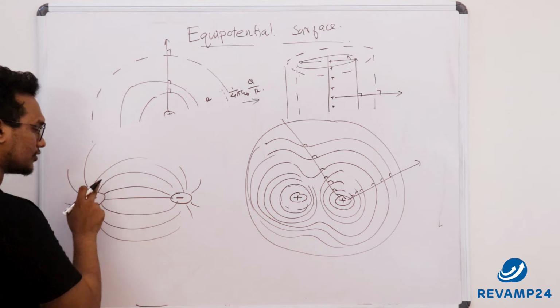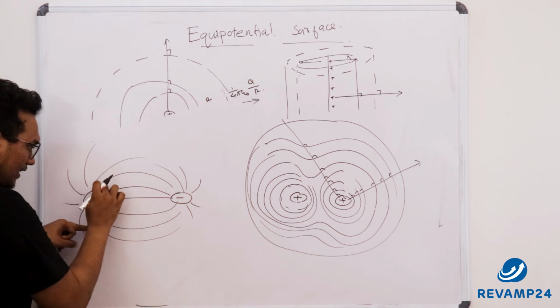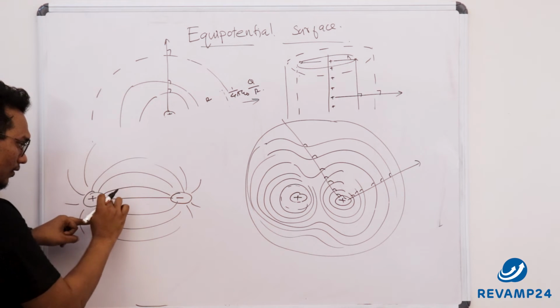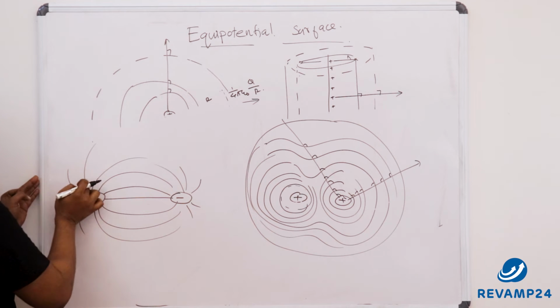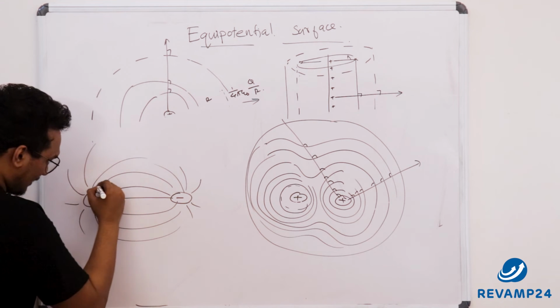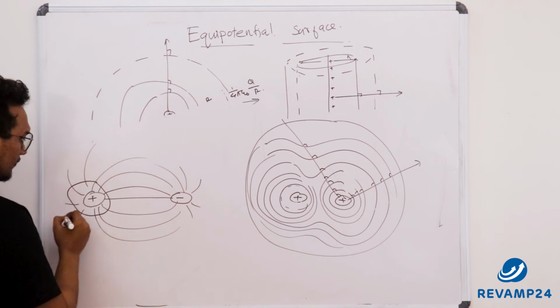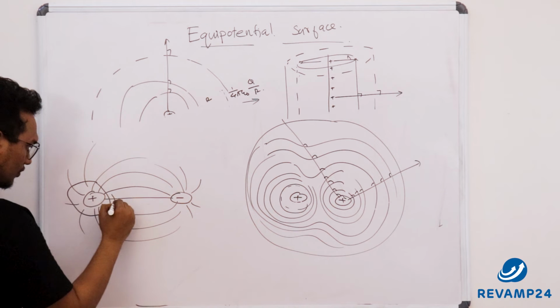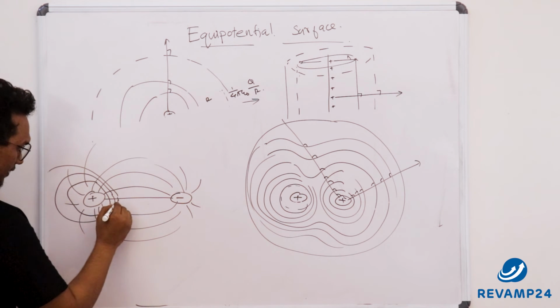Now, the electric field should always be perpendicular to the equipotential surface, and here the field lines are very closely kept on this side, but here the field lines are very far apart, right? Which means here the equipotential surface will be very close to this, but here it will be away from it. For example, close to this, away from it, and close to this, away from it. Clear?